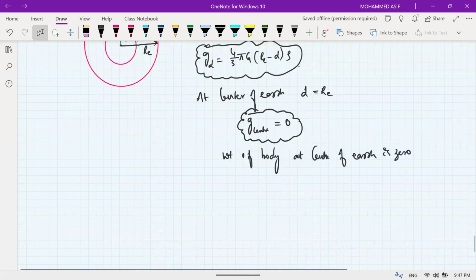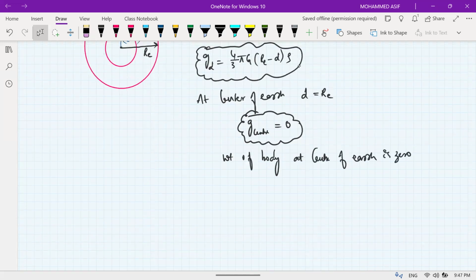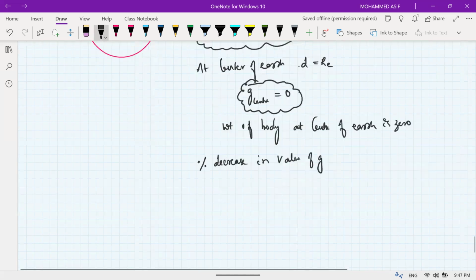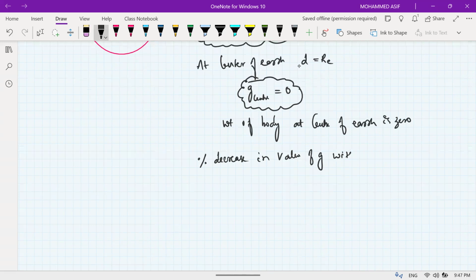If he's asking the percentage decrease in the value of g with respect to depth, what will be the formula? g minus g at a depth divided by g on the ground multiplied by 100.